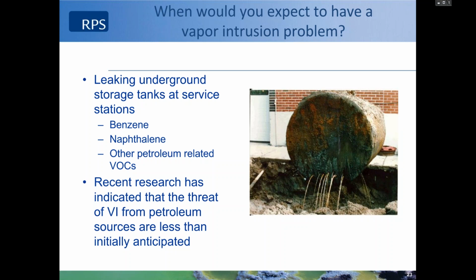Interestingly, we used to focus a lot more on vapor intrusion at gas stations, but they've actually figured out that natural degradation of the petroleum in the subsurface can naturally break down. So you have bacteria and bugs in the soil that are breaking down these petroleum compounds and really making the petroleum not much of an issue. And Greg will talk a little bit about that as well.